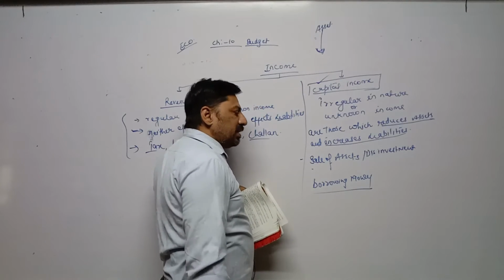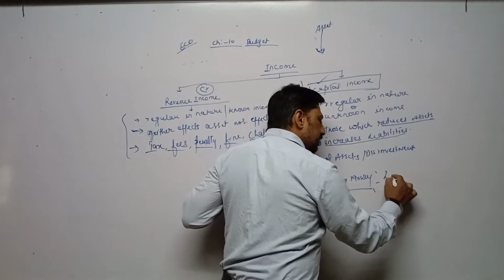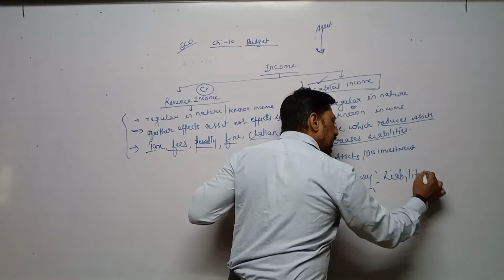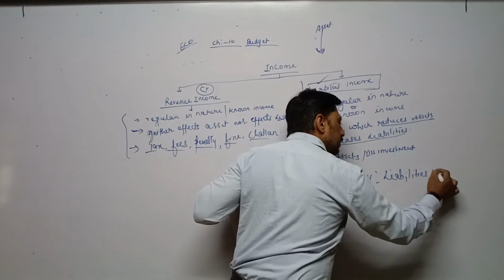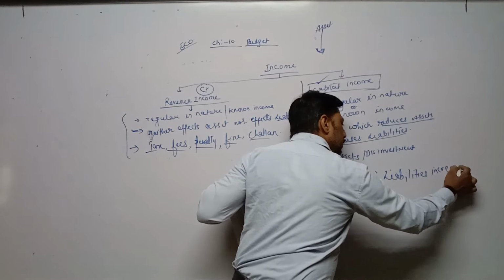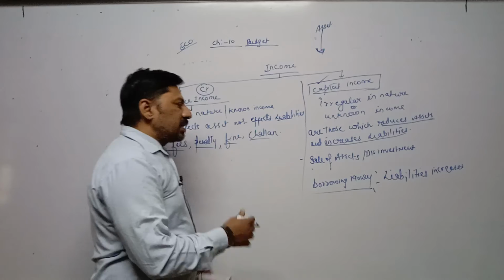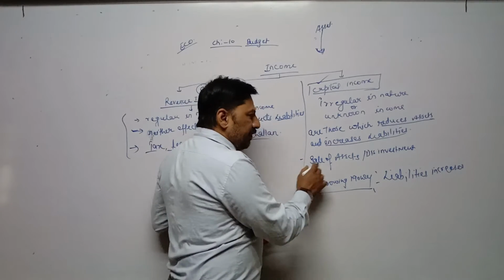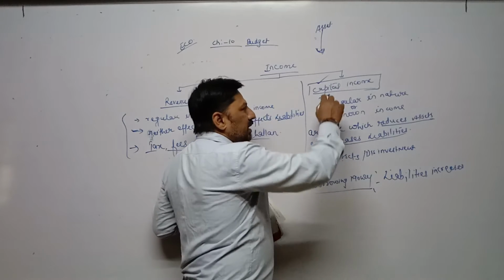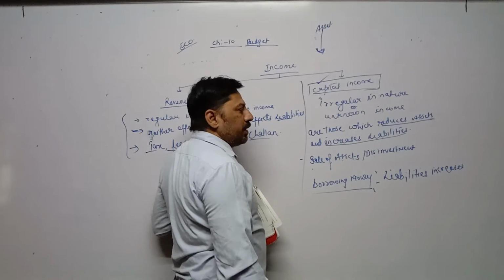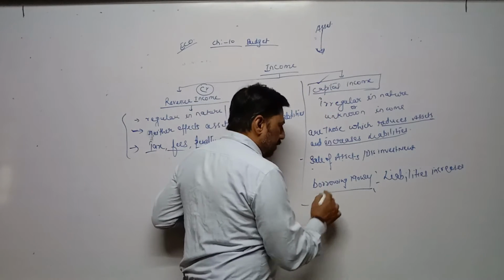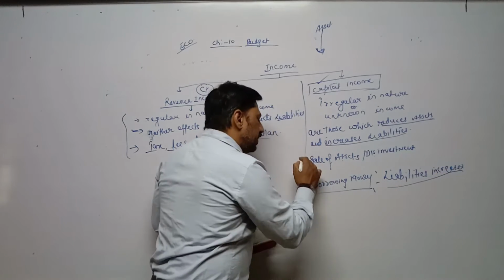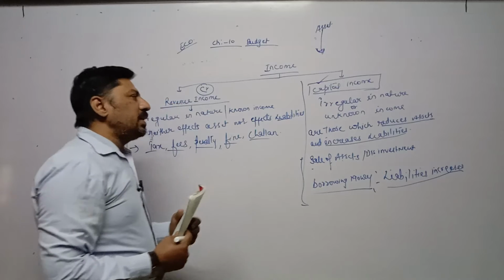But the effect is that their liabilities increase. So these are the two examples regarding capital income: sale of assets or disinvestment, and borrowing money.